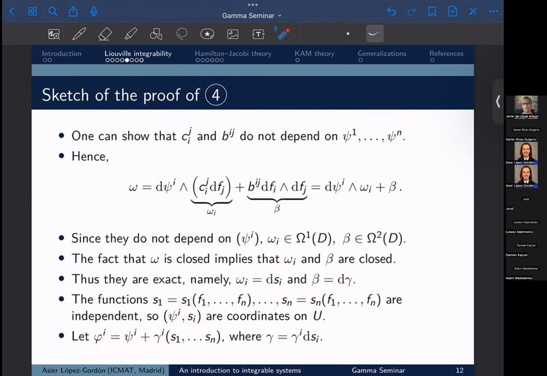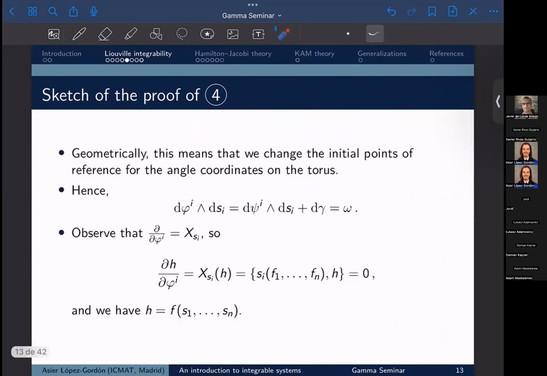We add to each Ci the term gamma I, where gamma I is the component of the one-form gamma in terms of these new coordinates Si. Geometrically, what we are doing is changing the initial points of reference for angles in the torus. And finally, using these changes, we have obtained that omega can be written in this way. So these coordinates are Darboux coordinates.